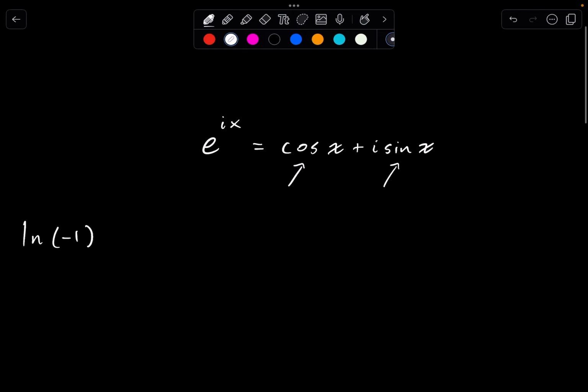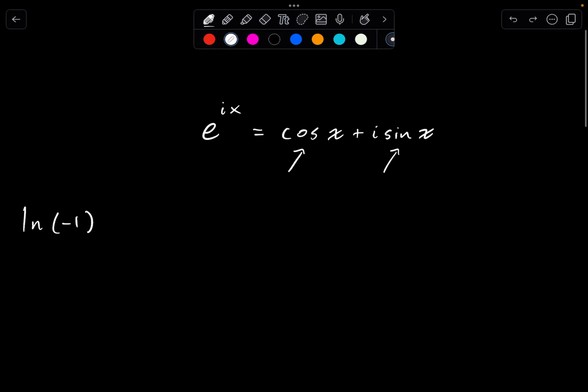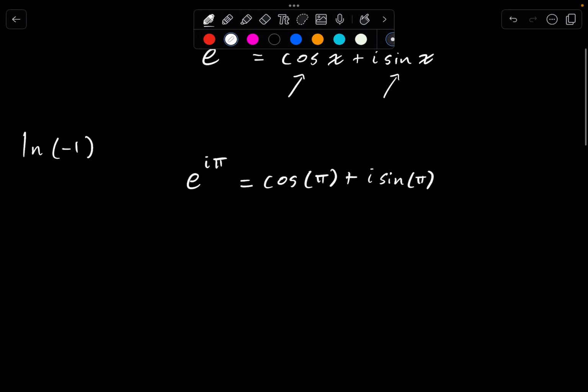So what happens if we plug in pi for x in the exponent? What happens? e to the i pi is indeed equal to cosine of pi plus i sine of pi. And what does this mean? e to the i pi, that has 2.718, that Euler's number, and the imaginary number, square root of -1, times pi, all three very cool numbers in all mathematics.